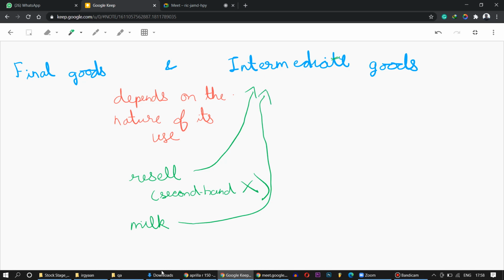Okay, now this will be a fun question. If I purchase a car and I use it for my own private use, intermediate or final?